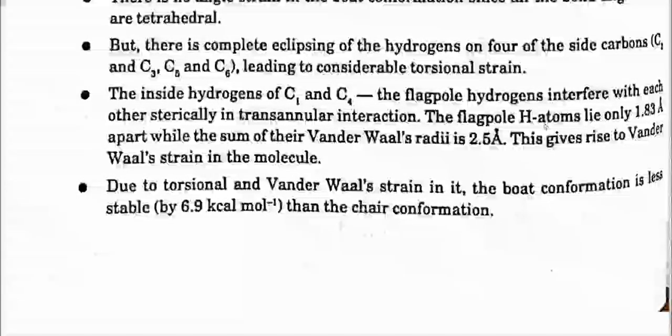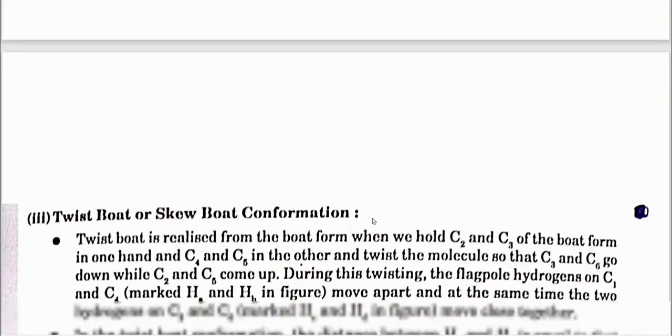The flagpole hydrogen atoms lie only 1.83 angstrom apart while the sum of the van der Waals radii is 2.5 angstrom. This gives rise to van der Waals strain in the molecule. Due to torsional and van der Waals strain, the boat conformation is less stable than the chair conformation.